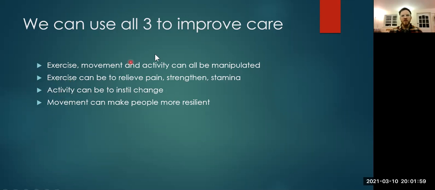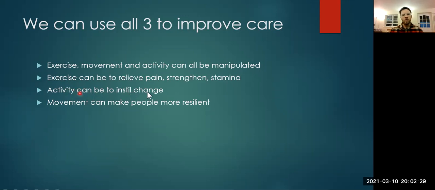So this is where I see how all these three come together. You can instill the change that you've made with exercise or with your hands-on techniques. You can instill that with activity. You can get people to expose themselves to activities that need that new range, or that pain-free motion that you've got with them.